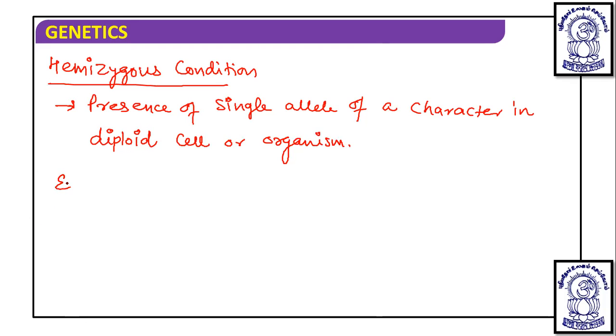Example, we can say the X and Y chromosome. If we take X and Y chromosome, then the Y chromosome is somewhat smaller.